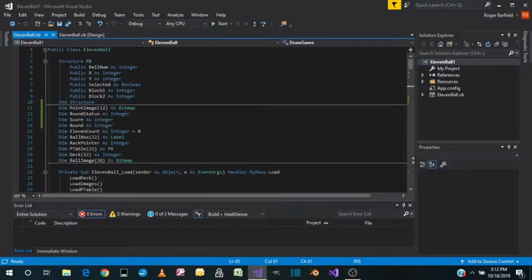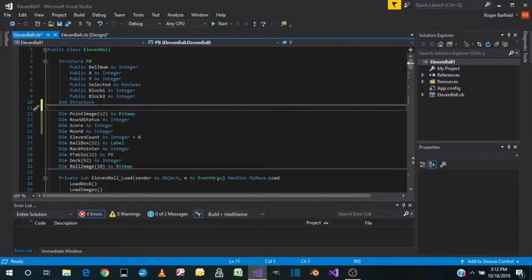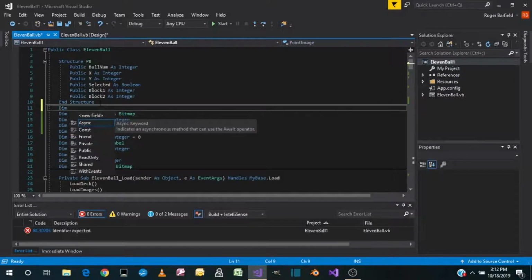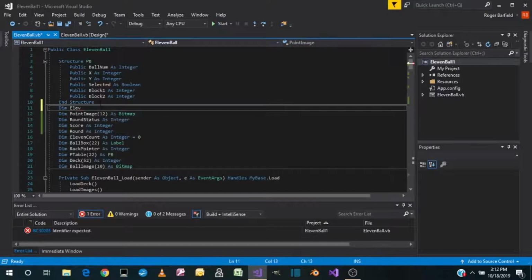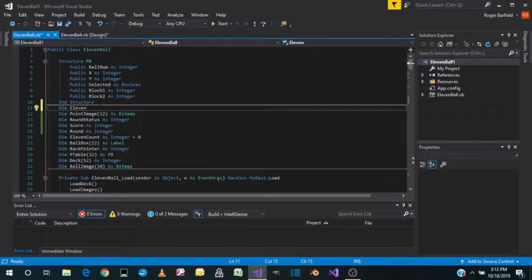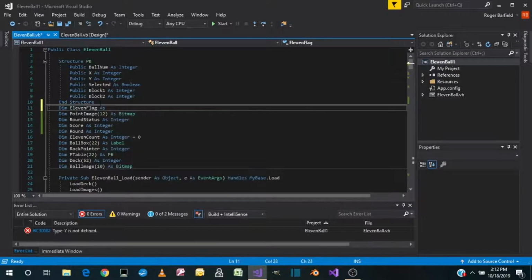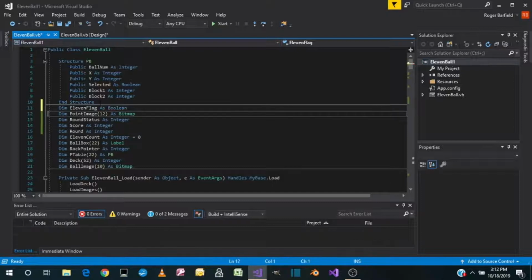So, dim, we'll call it 11 flag, Boolean. A flag is just something to let us know that we need to do something, and we don't have to set it.